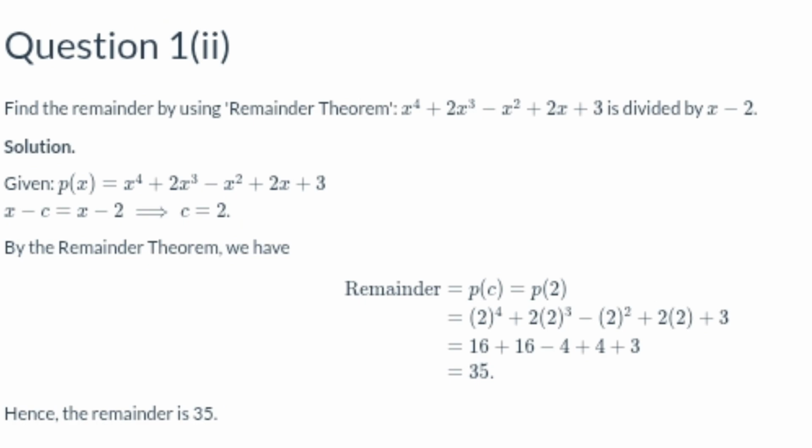Substituting 2 for x, p(2) equals 2 to the power of 4 plus 2 times 2 cubed minus 2 squared plus 2 times 2 plus 3. This simplifies to 16 plus 2 times 8 minus 4 plus 4 plus 3. The result is 35. Hence, the remainder is 35.